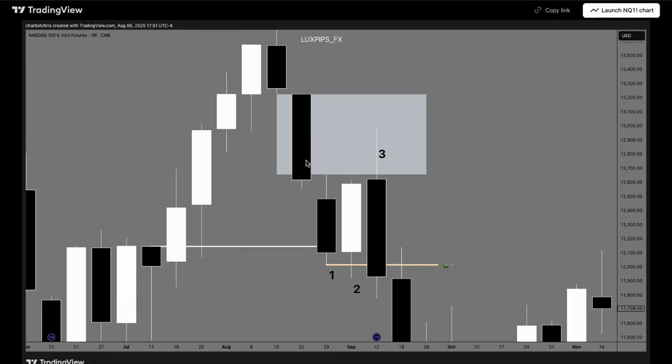So here's a real example of it happening in price. So you can see there's a FEG that's been left open, right? Price comes to this OB here. So this third candle of the FEG is 1. As you can see, 2 manipulates the low and it closes far within the range, right?